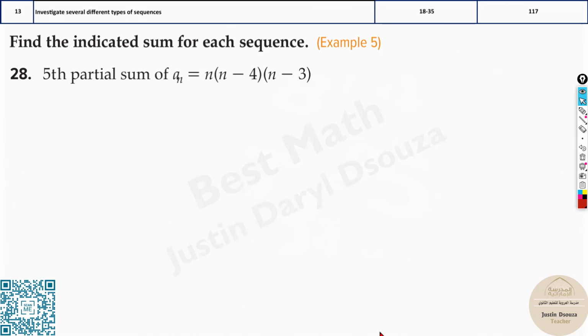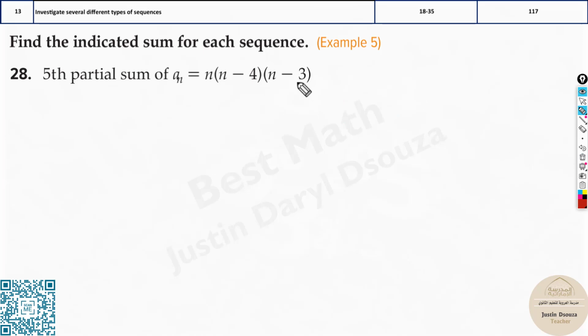Now, here they have asked you to find the fifth partial sum. How do we find the sums? Now there are formulas, but in certain cases, the formulas are not going to help, because they're not a proper sequence. They're not giving you something where you can find the common difference, the first term, the last term. Nothing is given, right?